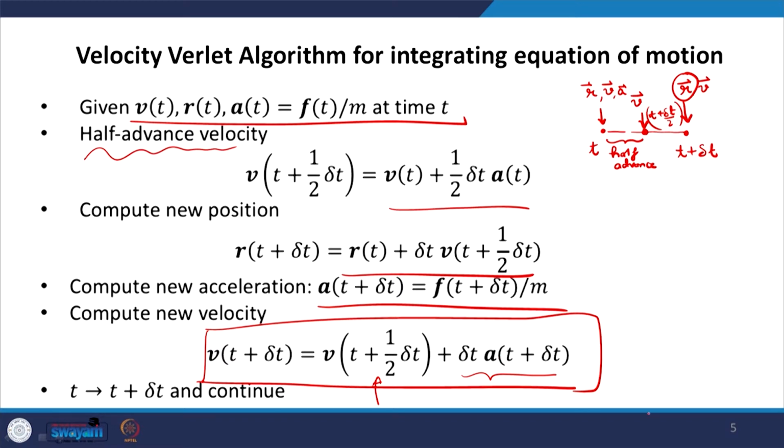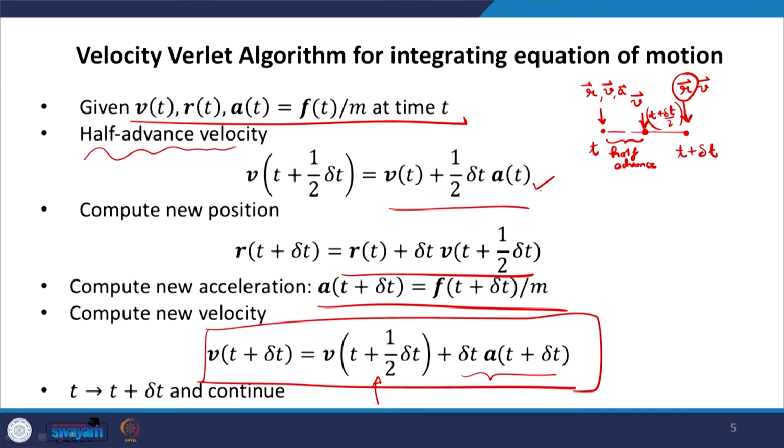So, in the very beginning we are doing some sort of an explicit scheme, and towards the end we are doing some sort of an implicit scheme. That means that in the first part, the new velocity depends on only the previous velocity and acceleration, but towards the end the new velocity depends on also the new acceleration.